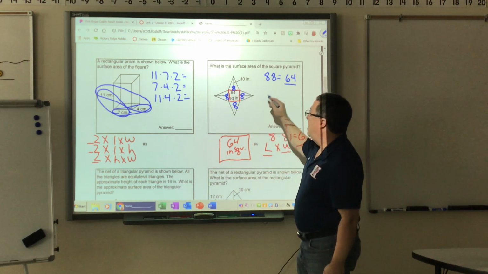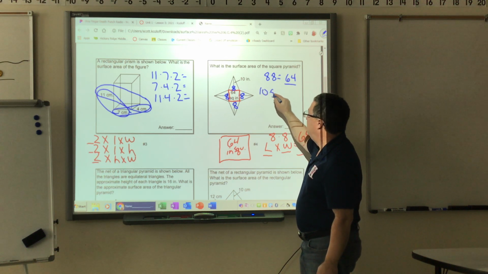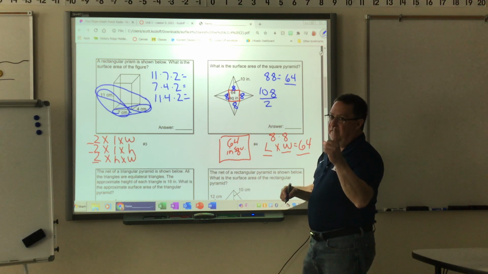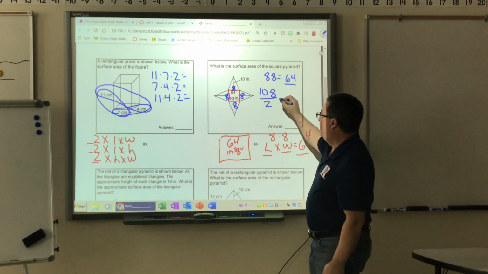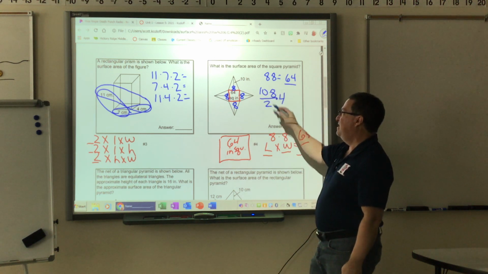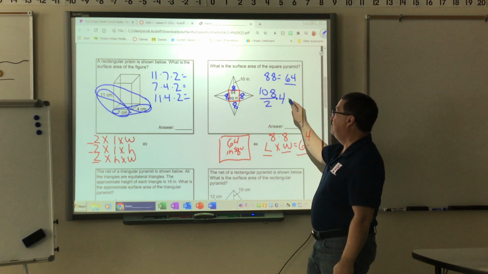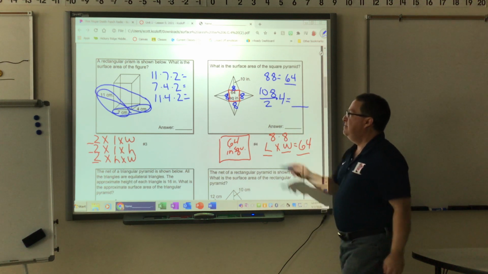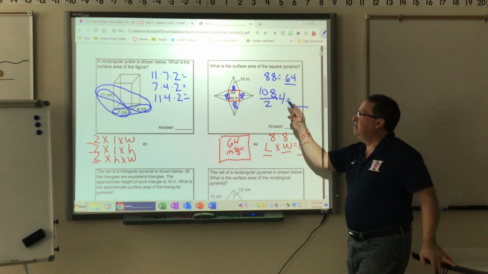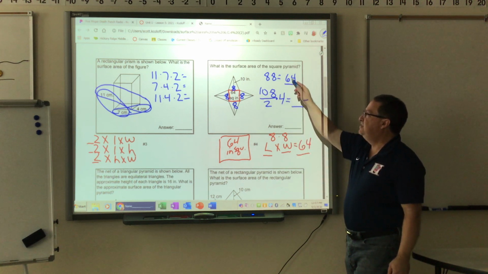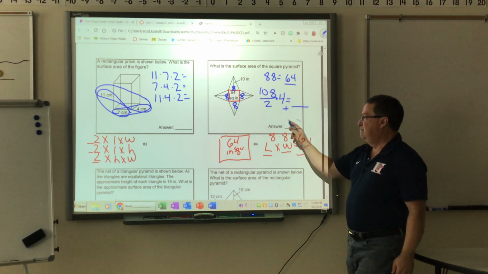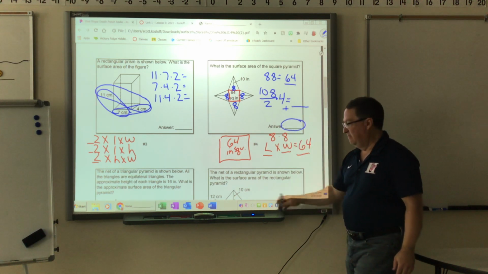So 10 times 8 divided by 2 gives me one face of that triangle, but there are 4 triangles. So if I multiply 10 times 8 divided by 2 times 4, that gives me the other faces of that particular squared pyramid. So 64 plus whatever that answer is gives me my total answer.